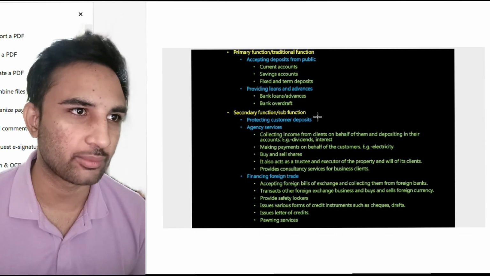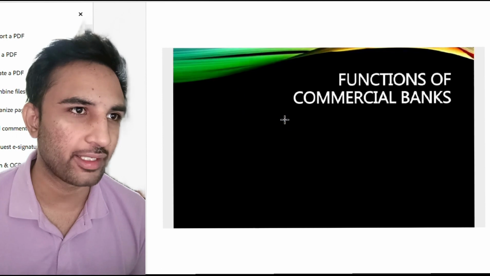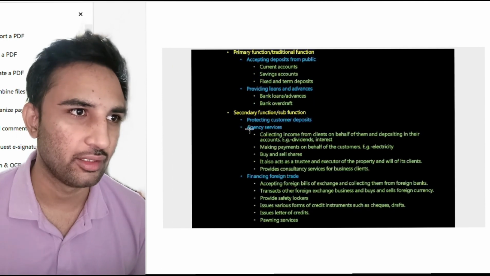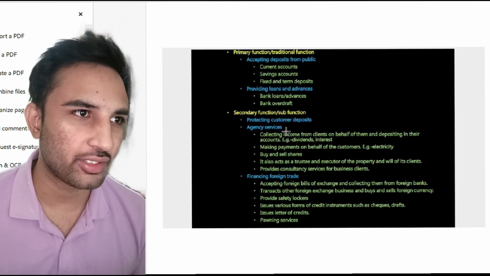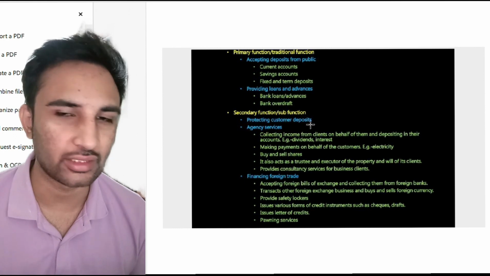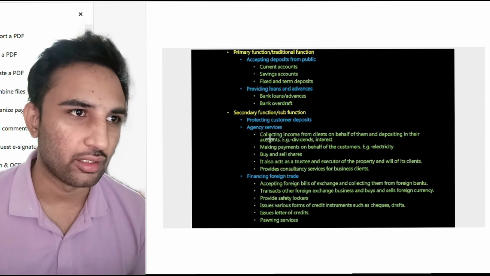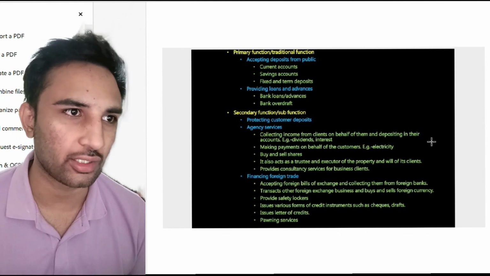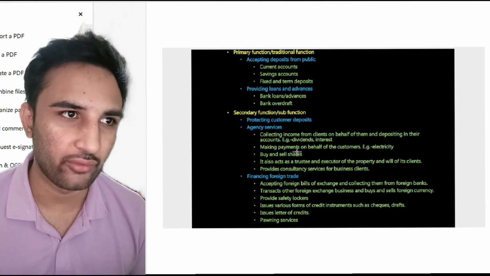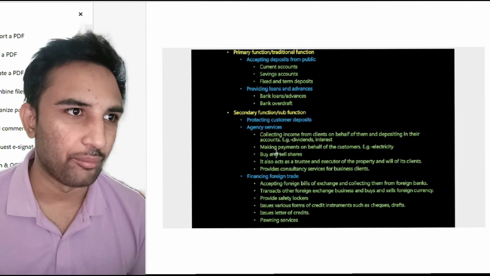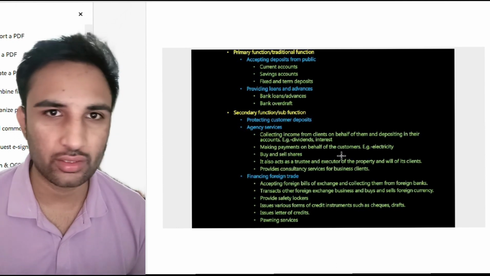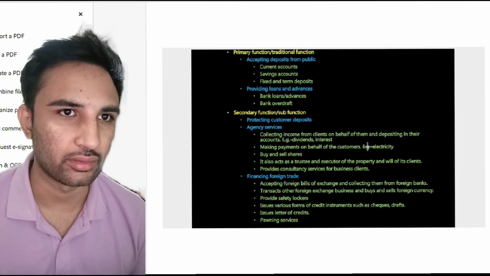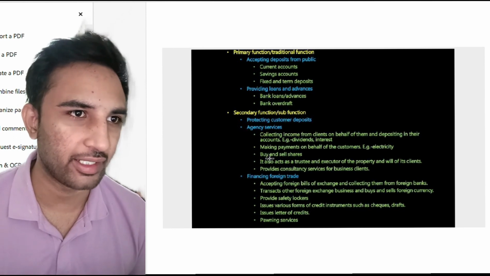Secondary function, or sub-function, of a commercial bank is protecting customer deposits and agency services. So agency services can also be like collecting income from clients on behalf of them and depositing in their accounts, for example, dividends, interest. Making payment on behalf of the customer, like electricity, and buying and selling shares.